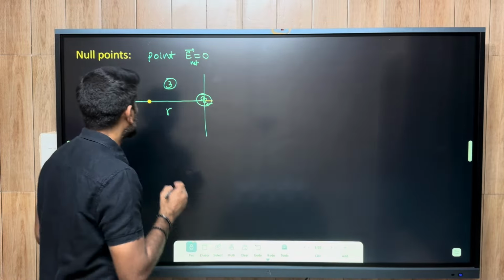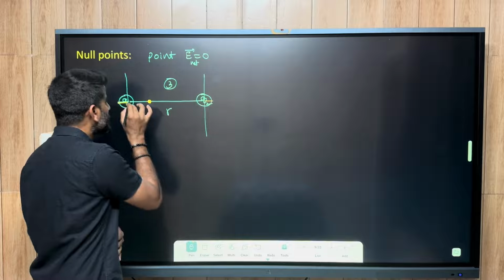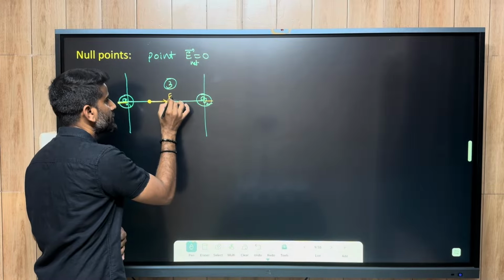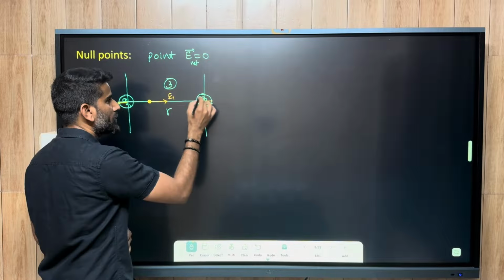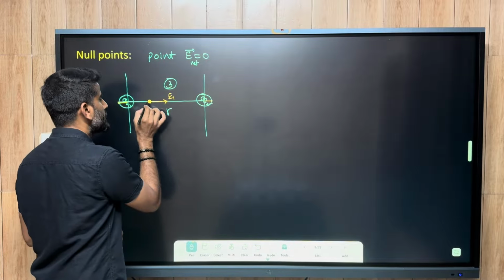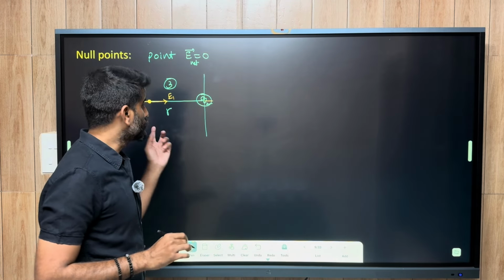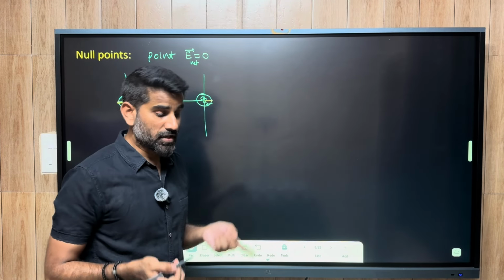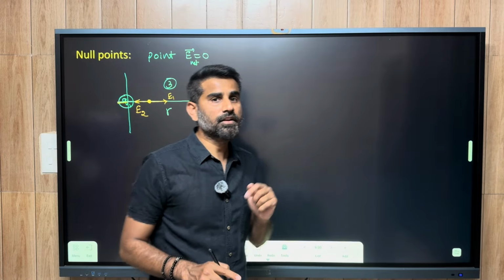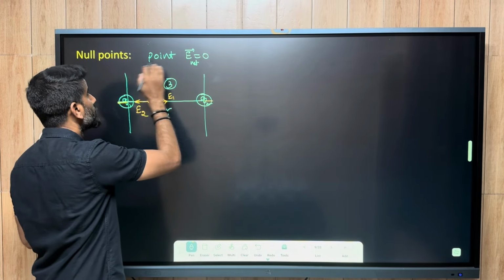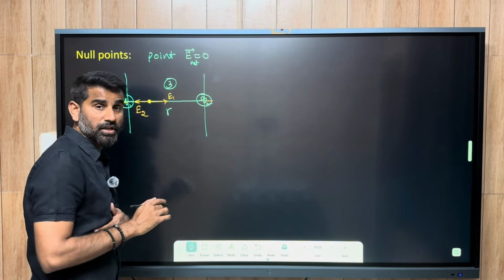They must be acting in opposite directions. Let us suppose the field due to charge q1 is E1, which is to the right. Now the field due to q2 is E2, which is to the left. As the two fields are acting in opposite directions, if their magnitudes are the same, then the net field can possibly be 0 at the location of the null point.